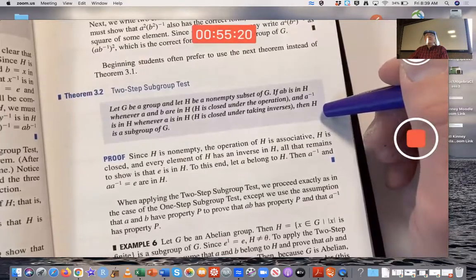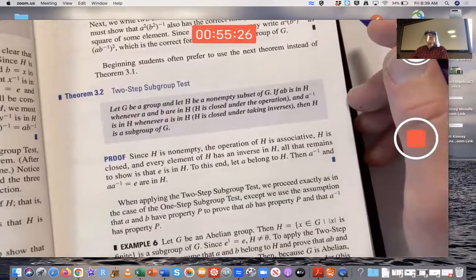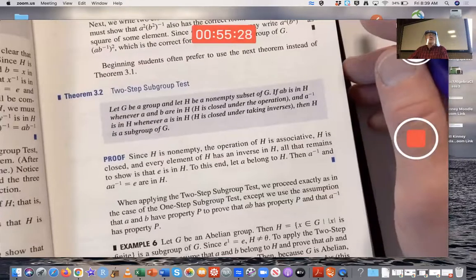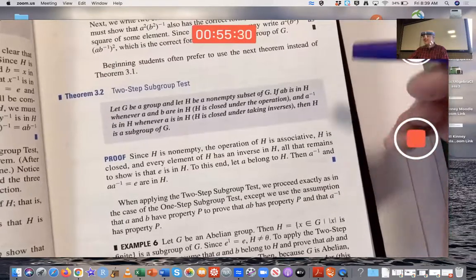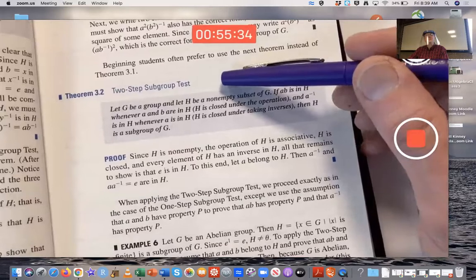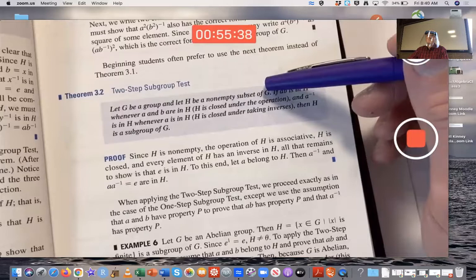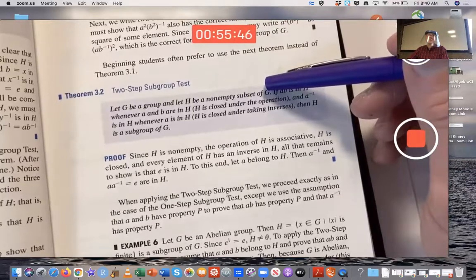E would be in there automatically, which is part of the gist of what the theorem is good for. Though, that said, even though this is called the two-step subgroup test, there are really three things you have to do. The first thing is so trivial that they don't even consider it a step. You want to show H is non-empty, which you can do many ways, but usually the easiest way is to show that E is in the set.